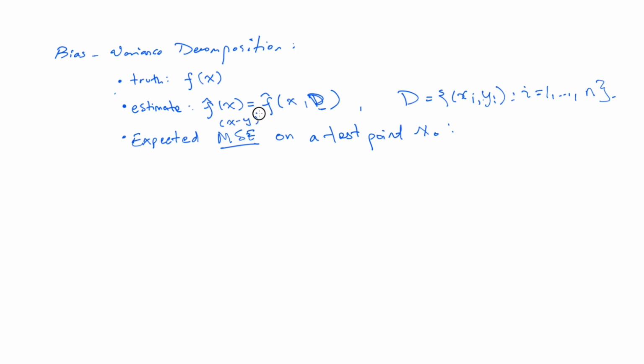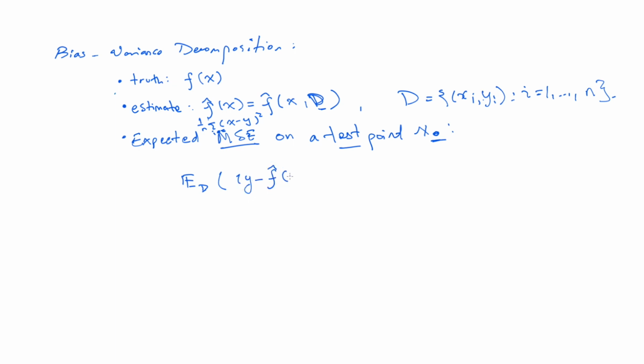So x minus y squared, and we sum over all the points. We're not looking at x and y here, but you guys know what mean squared error is. It's just the average of the sum of squares. And I want to look at the error at some point x0, which is a test point, so I haven't seen it before. And it turns out that we have this decomposition, and I'm actually using the notation used in the Wikipedia page because I think that's one of the clearest definitions.